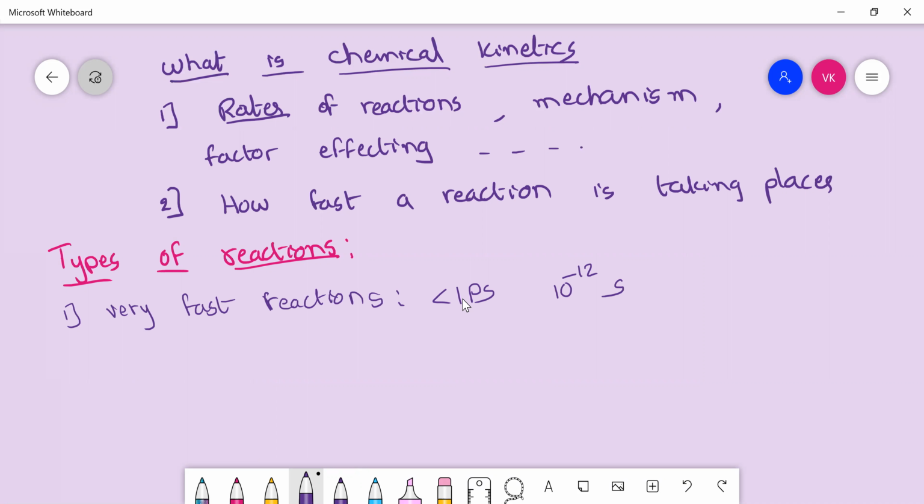So for very fast reactions, it is very difficult to find the rate of reaction. And the second one is very slow reactions. For very fast reactions, you can take the example of ionic reactions.